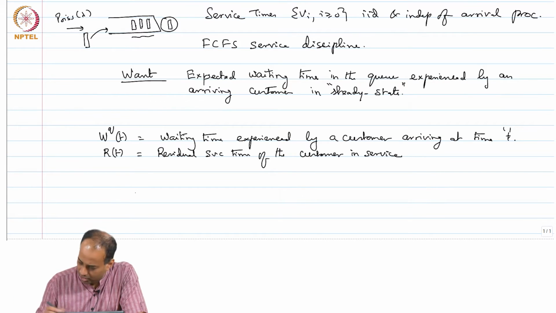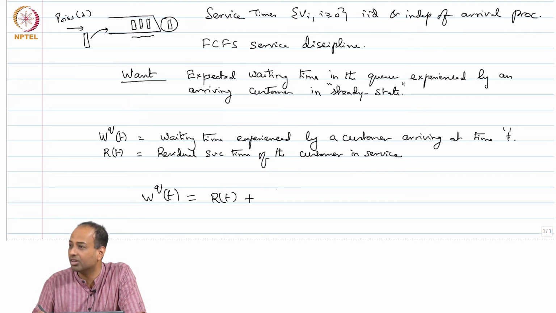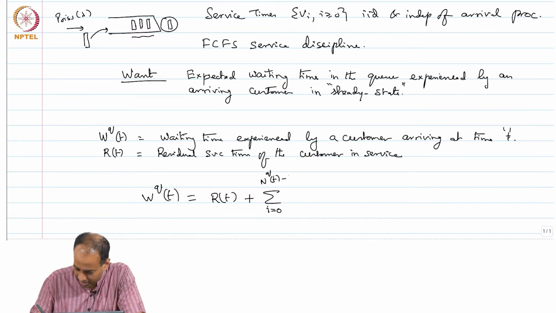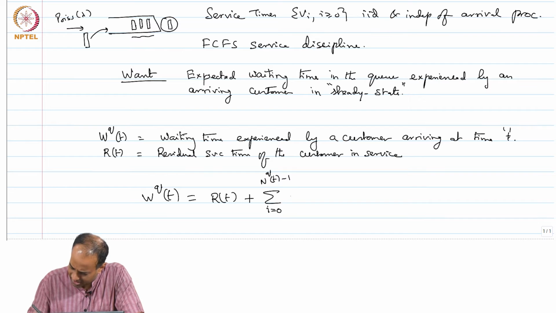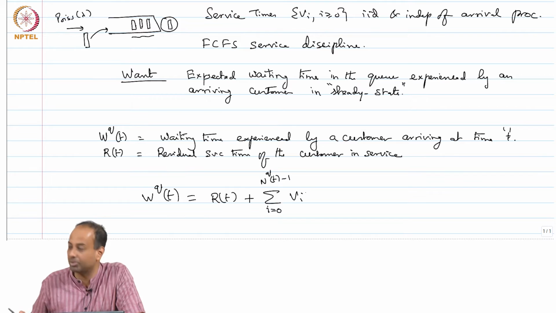So, the equation we wrote down in the previous lecture was that W_Q(t) is equal to R(t) plus the sum over i equal to 0 to L_Q(t) minus 1 of the service times.